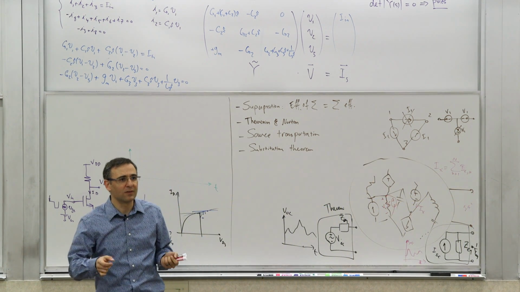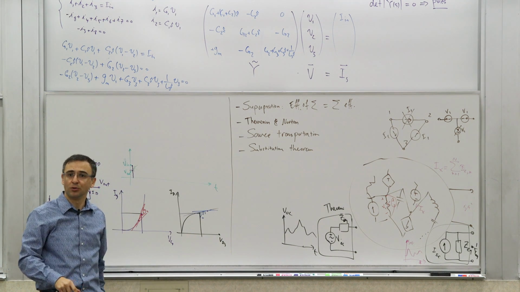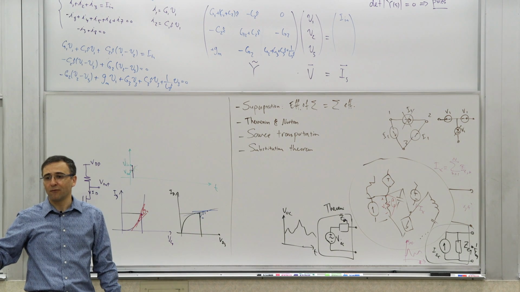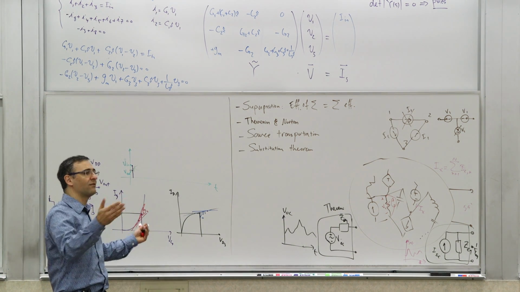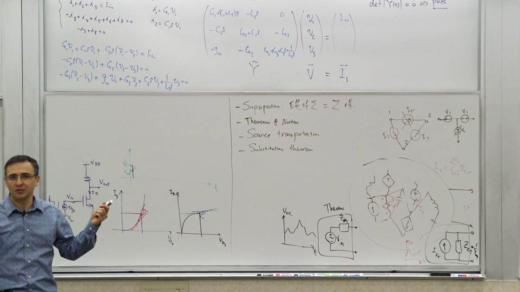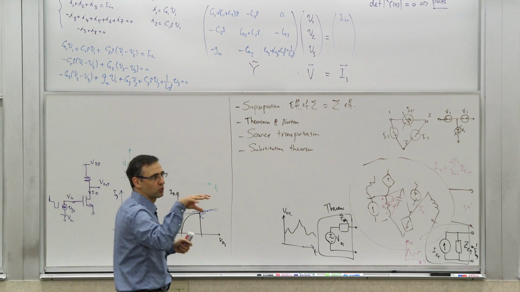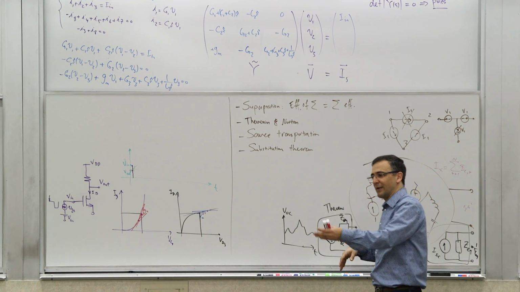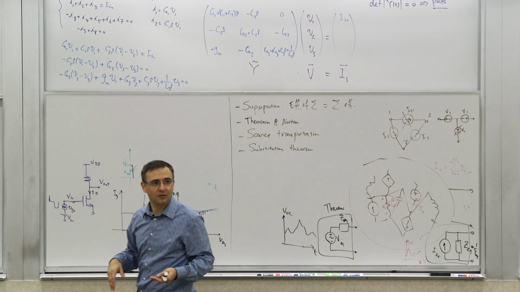If it's always 2 volts, you can put 2 volts. If the voltage you measure is a sinusoid of frequency 12 gigahertz with a phase of 45 degrees, you can replace it with a source of 12 gigahertz, amplitude of whatever, 1, and phase of 45 degrees, and nothing will happen.